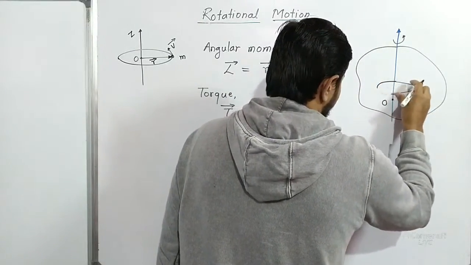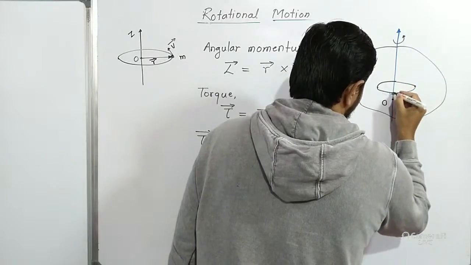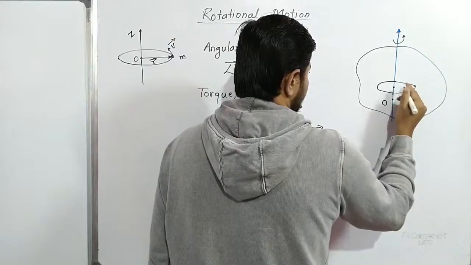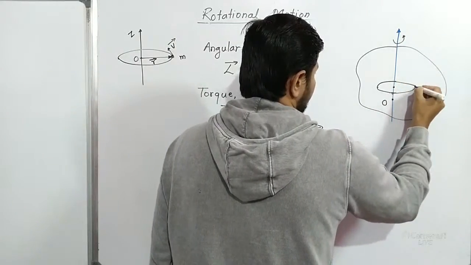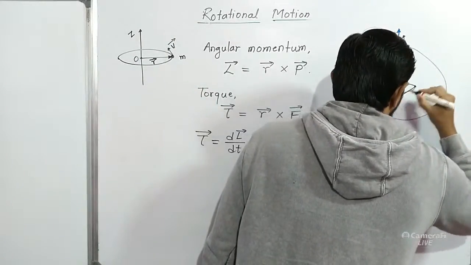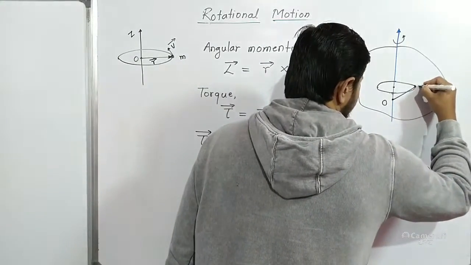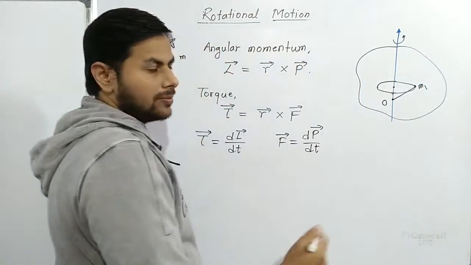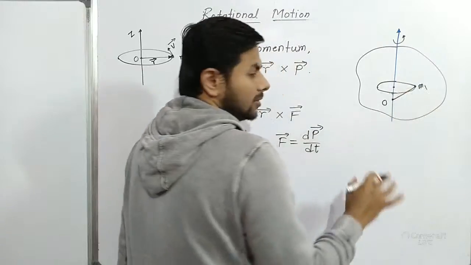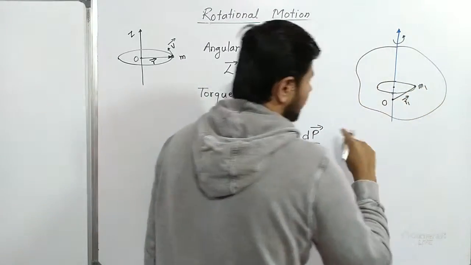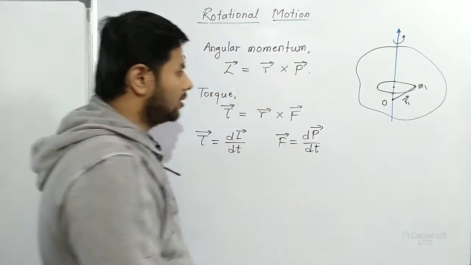And the center of the circle lies, let's say, at this point. So this will be its position vector. Let's call this particle number 1. m1 is its mass, and its position vector with respect to this origin is r1 bar.